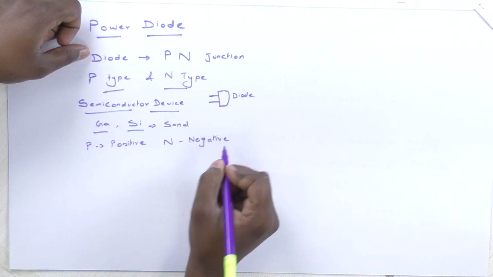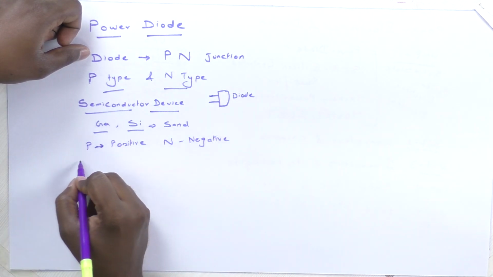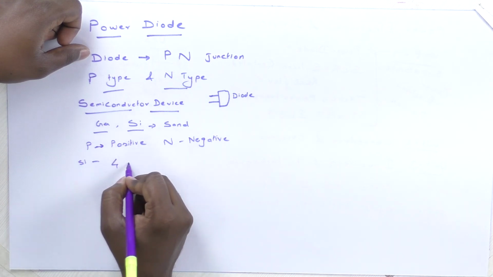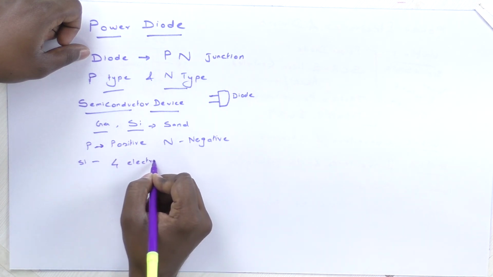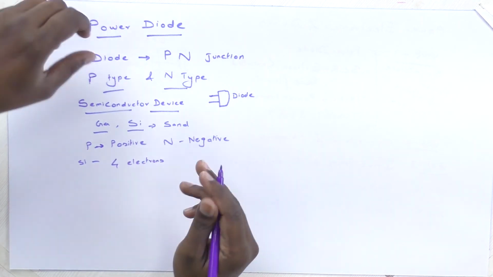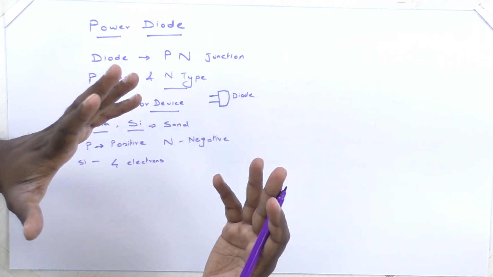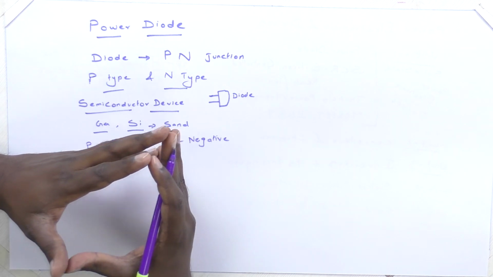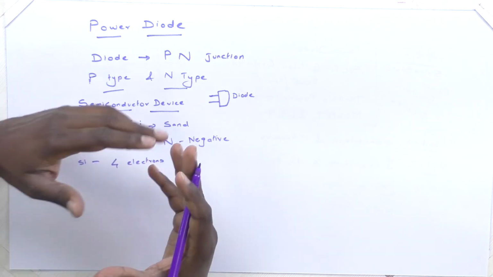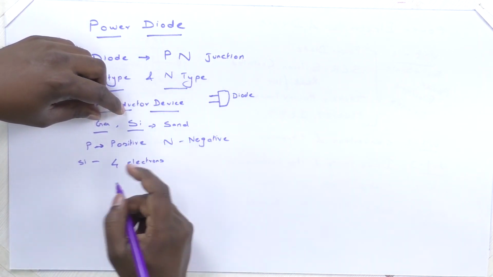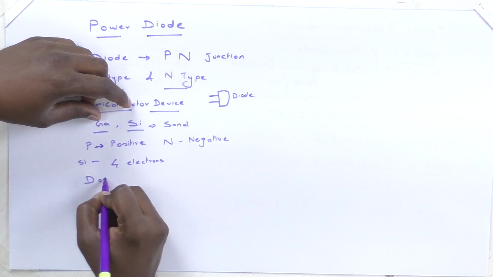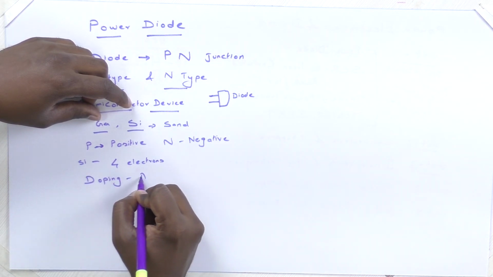Okay. So, for example, silicon usually has 4 electrons. Alright. Silicon in its purest form will not be a very good semiconductor. So, what does semiconductor mean? A semiconductor is something that can conduct electricity under certain conditions. So, what they do is something called doping, that means adding impurities.